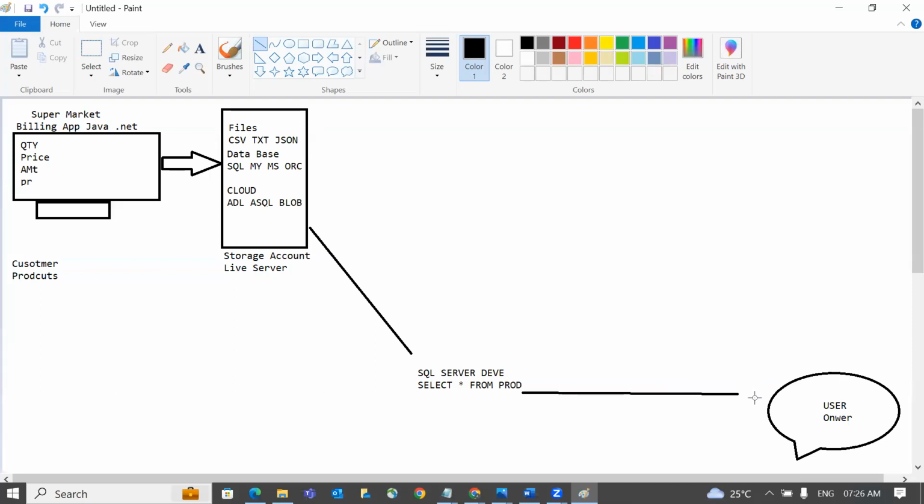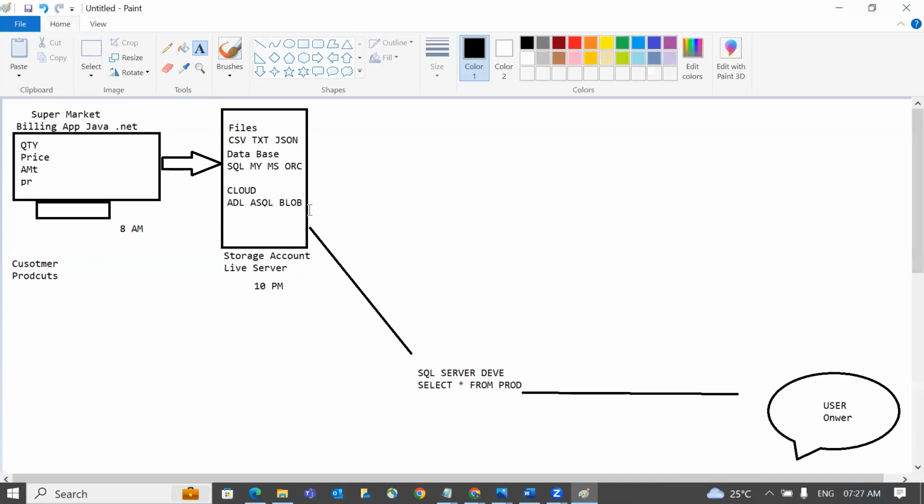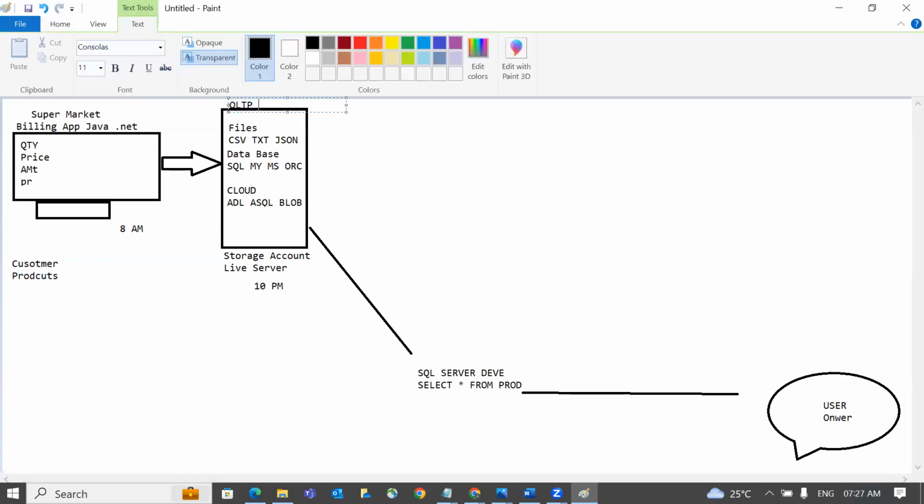This is manual work. And also, when you are extracting the data, the store opens at 8 a.m. and runs till 10 p.m., and you cannot run any query on this live server. This is what we call an OLTP system, online transaction processing.